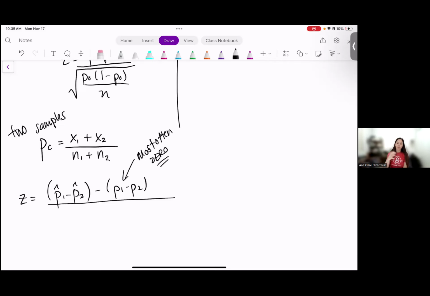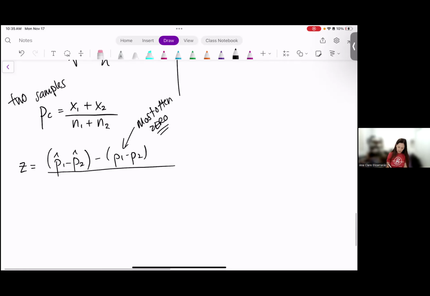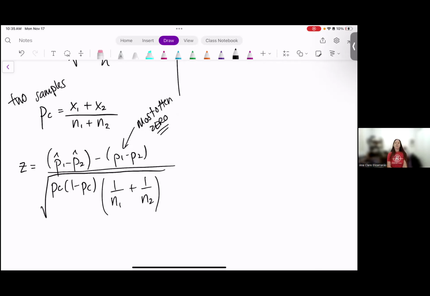That comes from your alternative. If they're equal to each other, then it's 0. If there's a number, it's different. But then in the denominator, we're using PC, 1 minus PC, so that proportion, and then its complement, times 1 over the first sample size plus 1 over the second sample size.